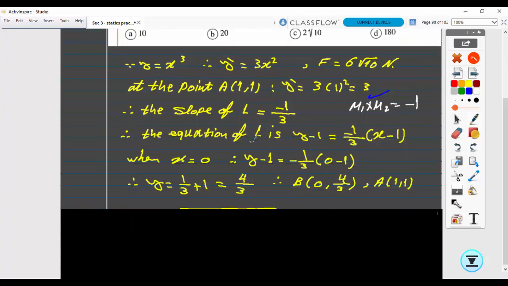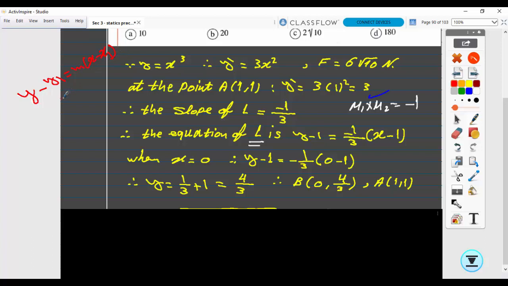So what is the equation of the straight line L? The equation of any straight line is y minus y1 equals the slope multiply x minus x1.